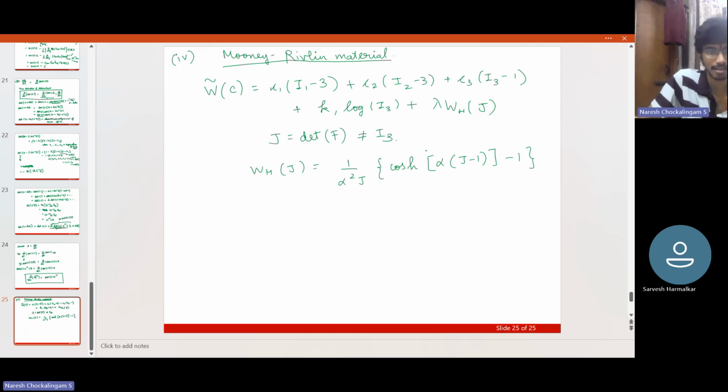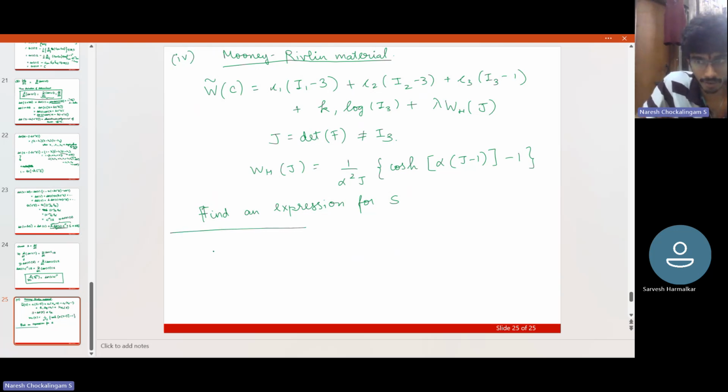This is the format. Now, let us find the stresses: derive the constitutive relationship, and find an expression for the second Piola-Kirchhoff stress S.